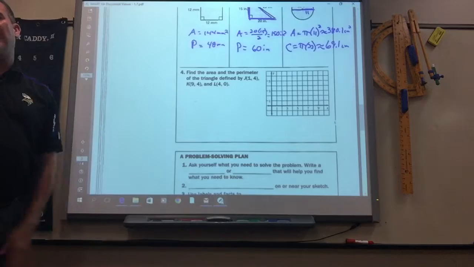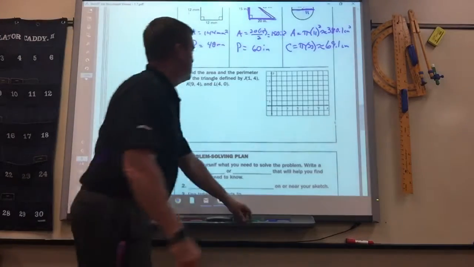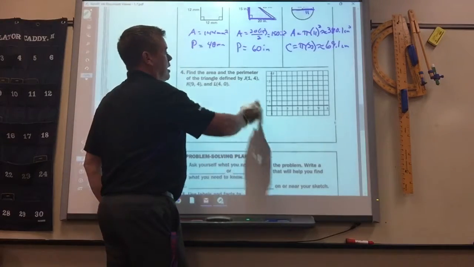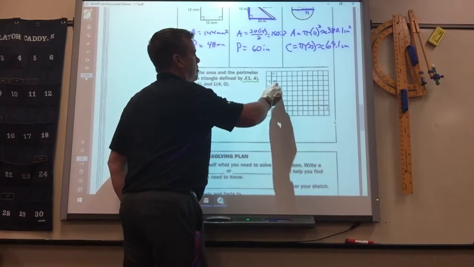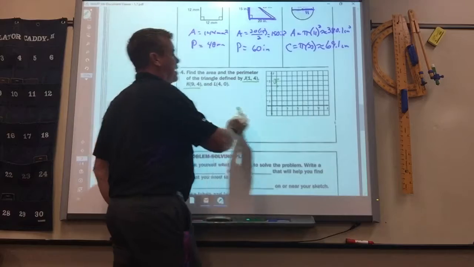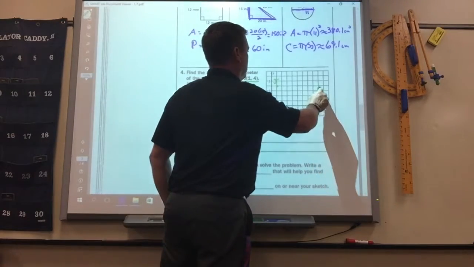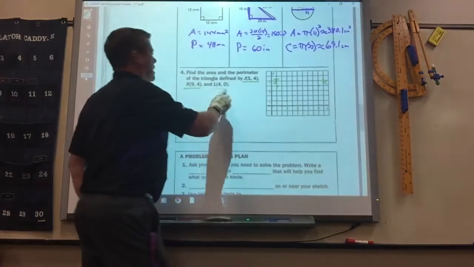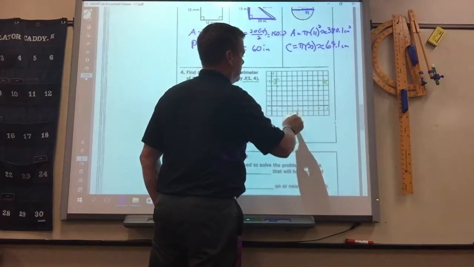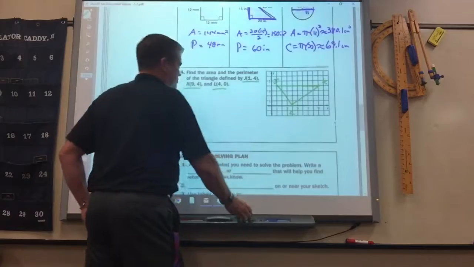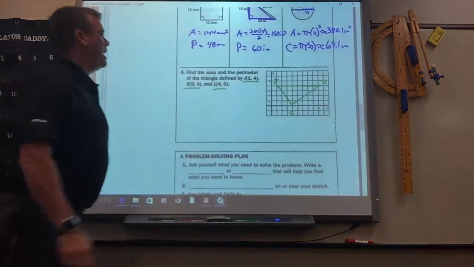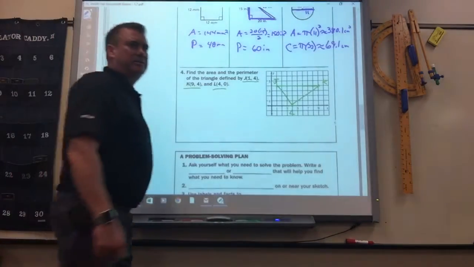Okay, here we got one where you gotta graph it. J is 1 over, 4 up. K is 9 over, 4 up. And L is 4 over, 0 up. So, the area is going to be easy to find.